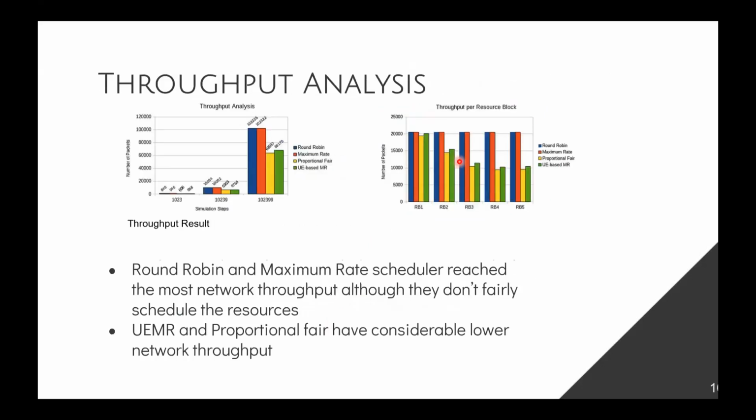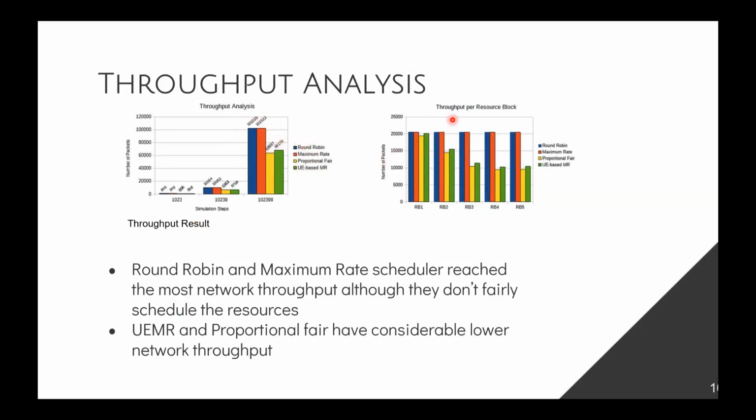For the analysis, as we can see here in the simulation steps, for the throughput result, the round robin and maximum rate get the most throughput, but the proportional fair and UE-based maximum rate get slightly lower because they consider the channel quality indicator while the round robin does not.